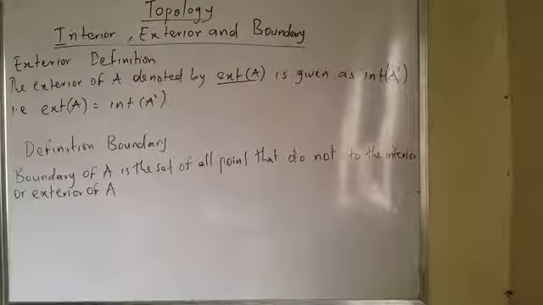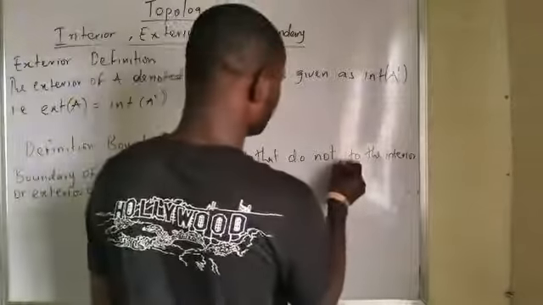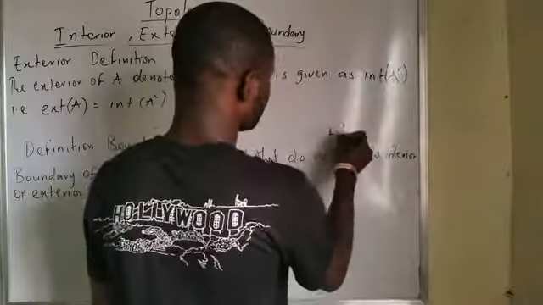Definition of boundary. The boundary of A is the set of all points that do not belong to the interior or the exterior of A. That is what I mean: points that do not belong to either.